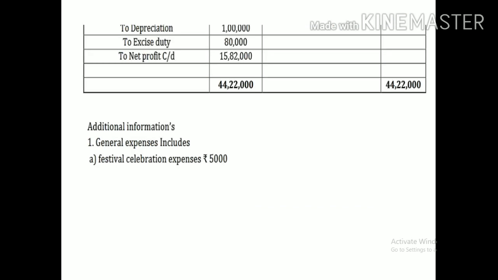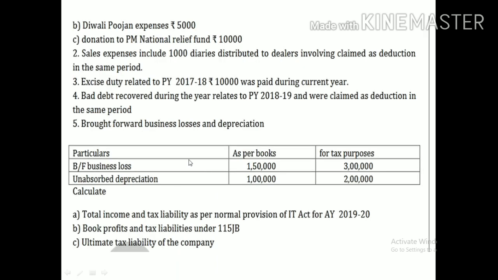Please observe, yes, we have some adjustment in general expenses. General expenses include the following information. The first one, festival celebration expenses 5,000, is already included in the general expenses, so it is allowable expenses, just ignore.